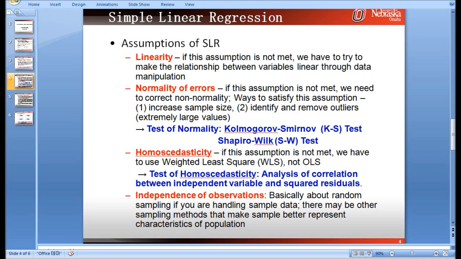Now let's talk a little bit more about the regression equation.